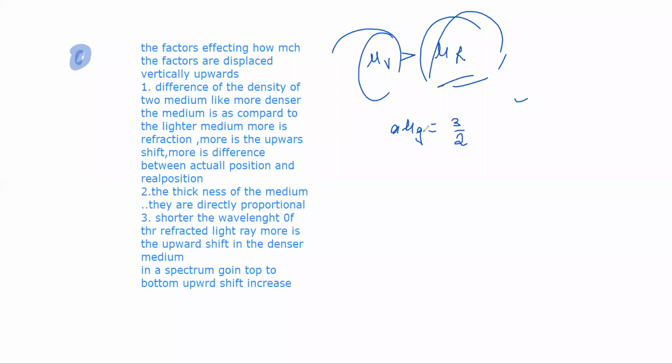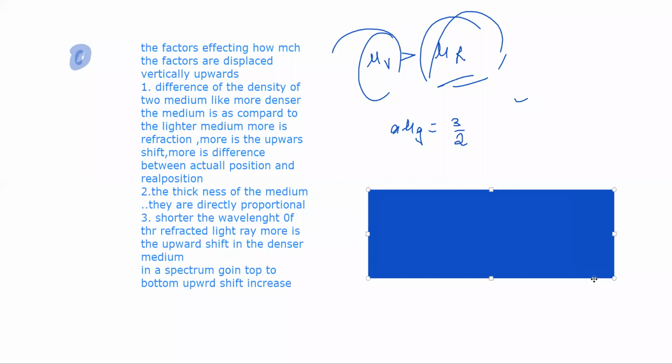Glass is a denser medium, so its absolute refractive index will always be greater than 1, so it's 1.5 or 3/2. Now imagine there is a water body whose depth is, say, 3 meters, and a coin is placed inside it.